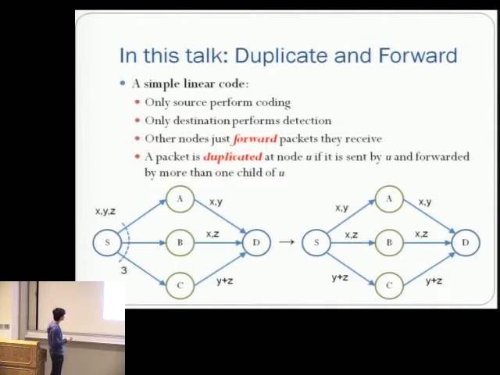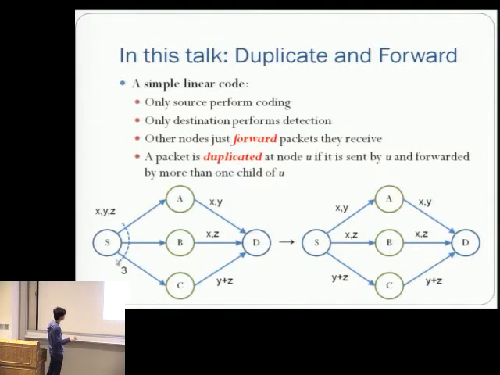The reason we consider the case when only the source performs coding is that since the source is doing the broadcasting, all its neighbors receive all the packets being transmitted by the source, and the neighbors of the source can jointly code the packets as if it's already coded at the source and being unicast to the neighbors.